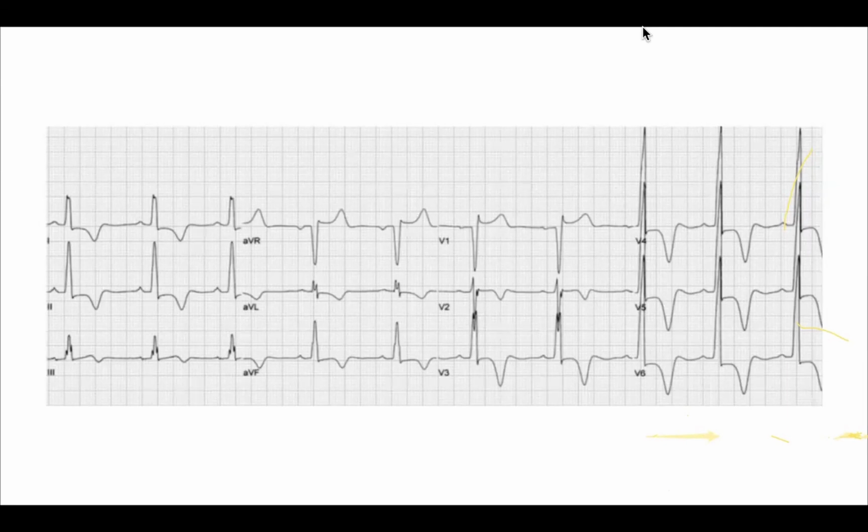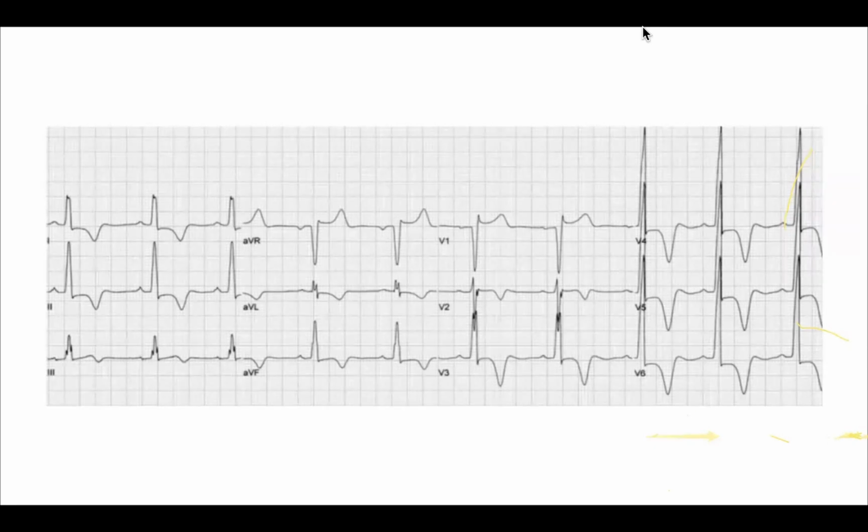What is the possible diagnosis? This has also been given in your OSCE according to the information I got. So before coming to the diagnosis, tell me, what do you see in this ECG?